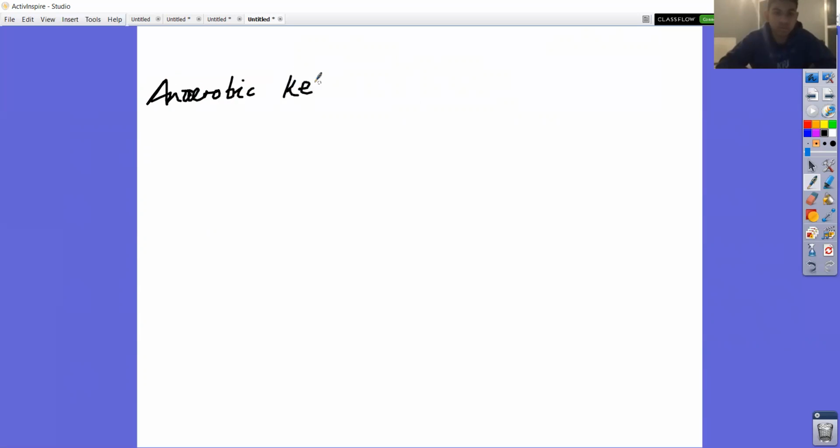So you say little or no oxygen, and we'll say no oxygen, because anaerobic means in the absence of oxygen. So what else can you remember? How does it compare to aerobic respiration? So aerobic respiration has oxygen, this has no oxygen. Any other things you can remember? Because there's no oxygen.